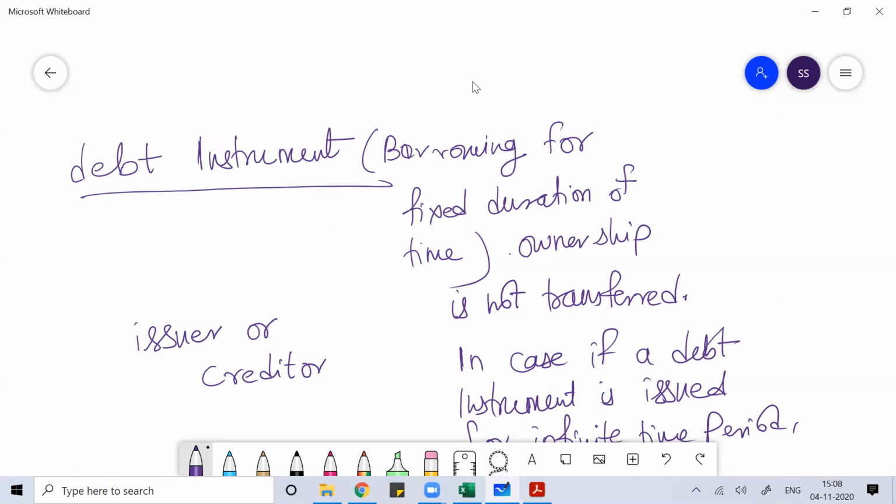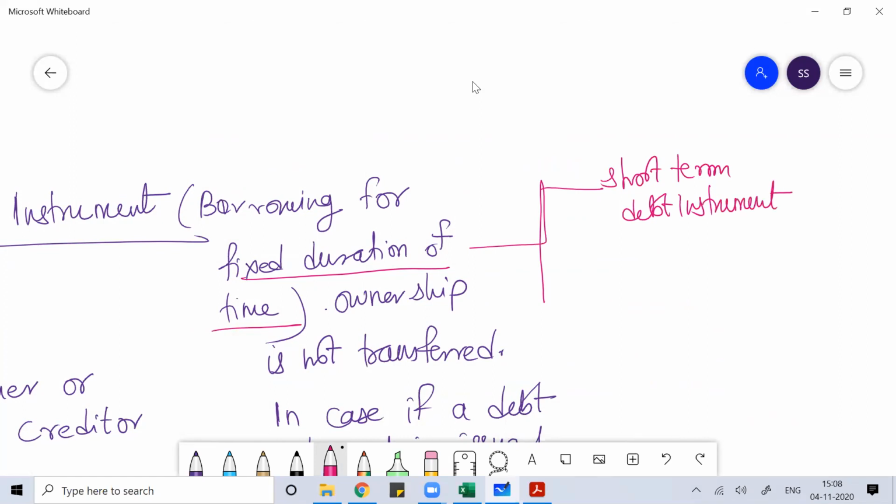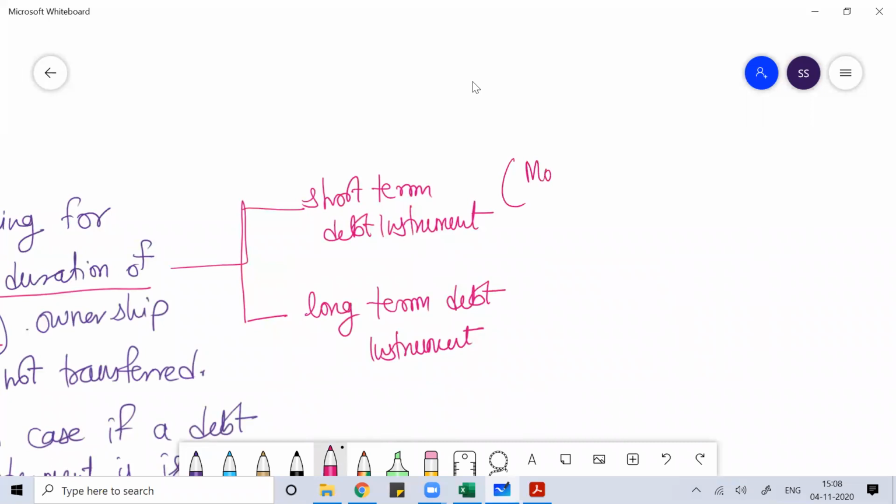Whenever we talk about debt instruments, depending upon the duration of the debt instrument, fixed duration of time, they can be called either short-term debt instruments or long-term debt instruments.